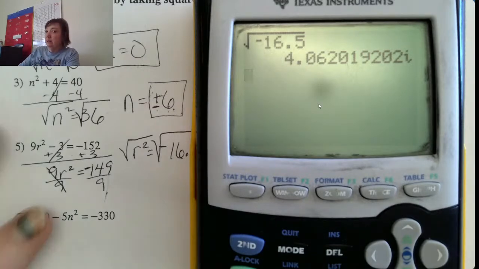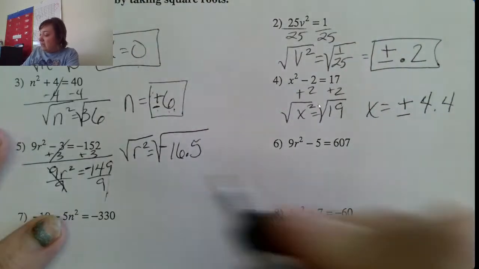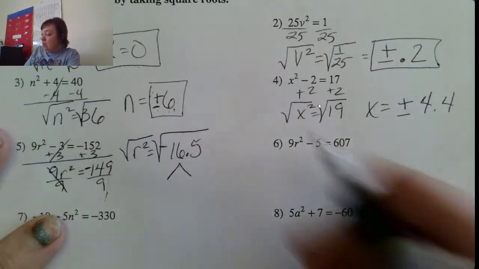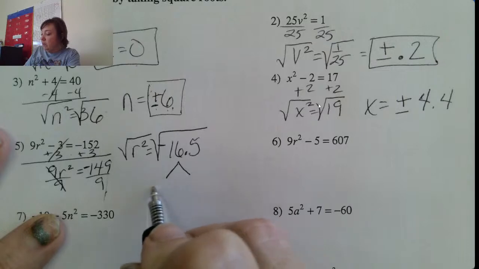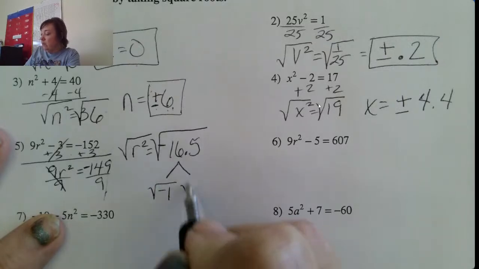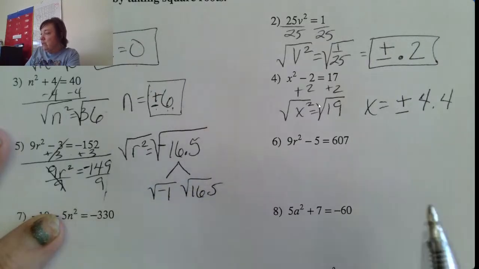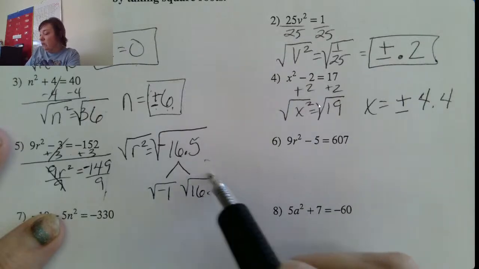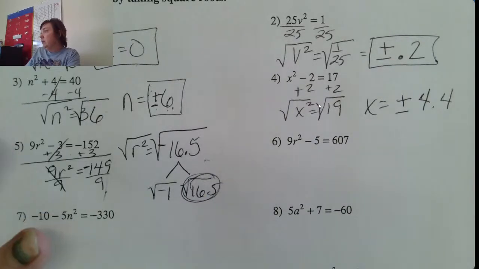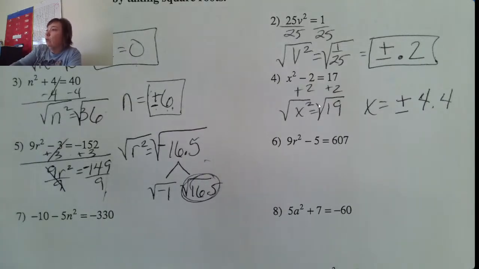So here's what he did. He said, you know what we can do? We can split this up into the square root of negative 1 and the square root of 16.5. And then we can take the square root of 16.5. It'll be a decimal. It's going to be irrational, but we can still do it. We can find a number for that. And that number would be 4.1, right?